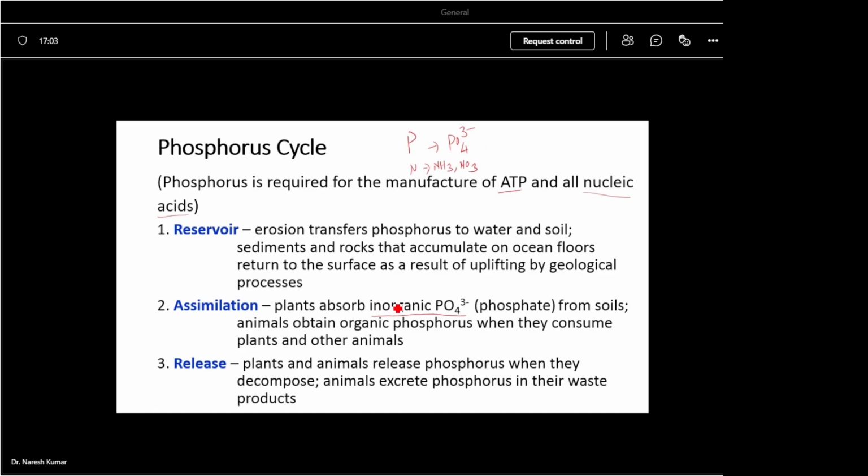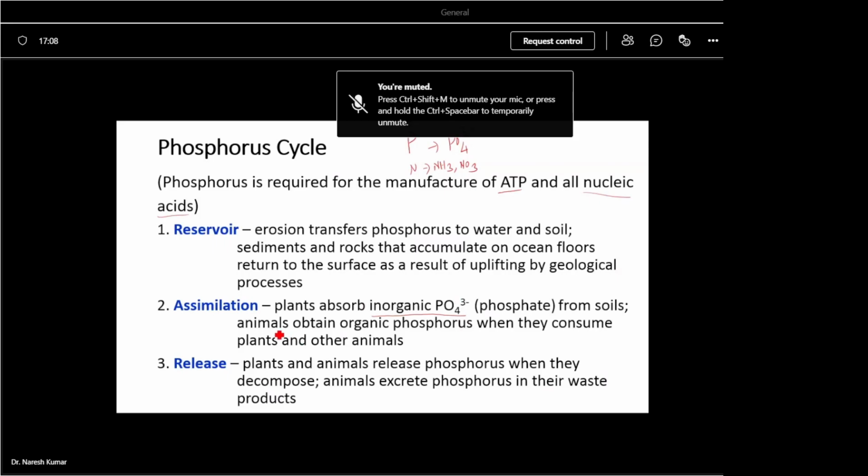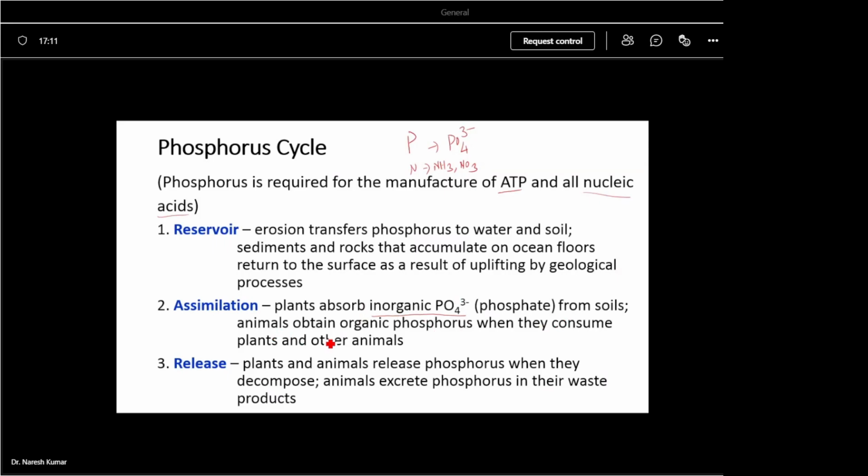So plants are able to take up inorganic phosphate from soil, and the rest of the animals obtain phosphorus when they consume plants, and smaller animals are consumed by higher order animals. That's the main assimilation mechanism. And the release: plants and animals release phosphate when they decompose, number one. Number two, their excretory products expelled from the body as waste are also rich in phosphorus. That's how phosphorus is there in the environment, and that's how it gets cycled.